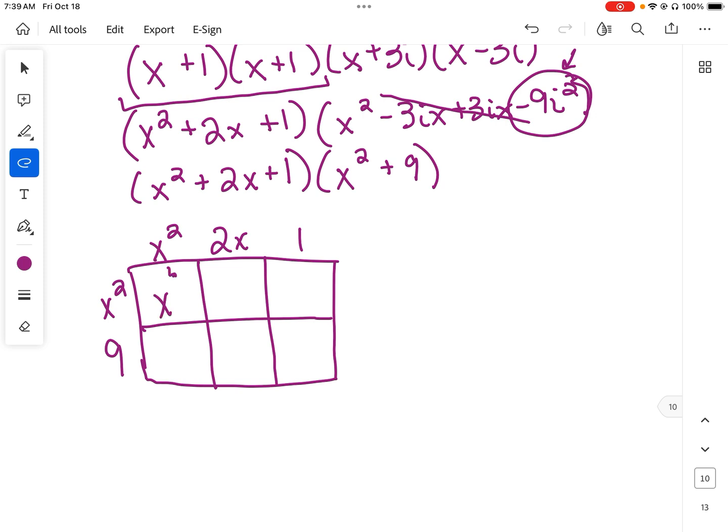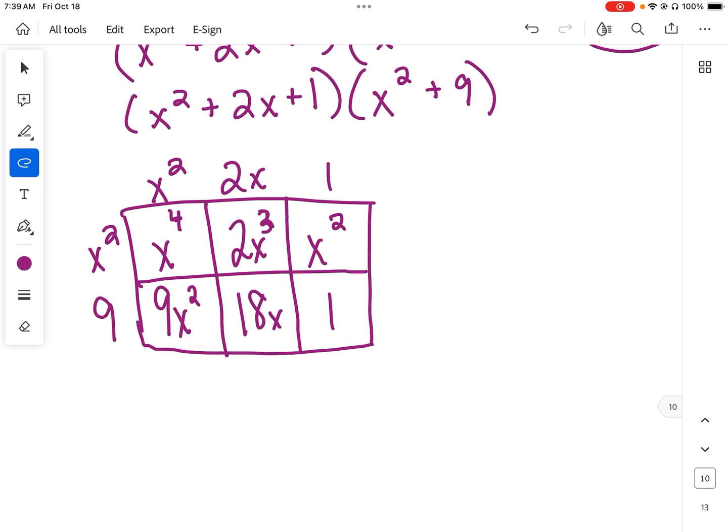So x to the 4, 2x cubed, x squared, 9x squared, 18x, and 9. Normally we would add diagonals, but since these weren't the exact same order with exponents and everything, we just have to do kind of like a treasure hunt.